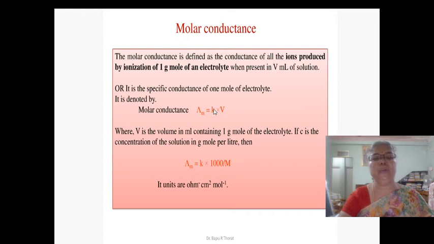It is just similar to equivalent conductance. Here lambda m is equal to kappa into V, where kappa is the specific conductance and V is the volume.